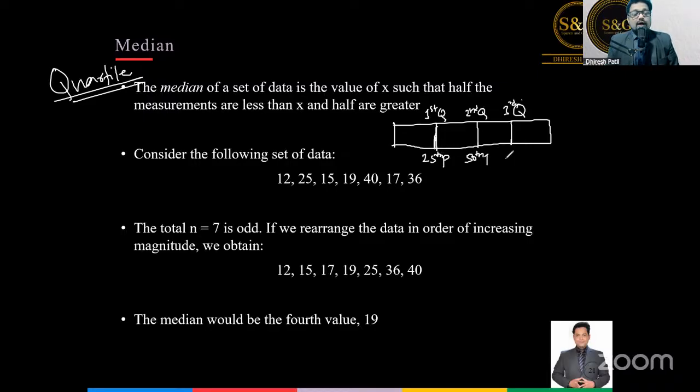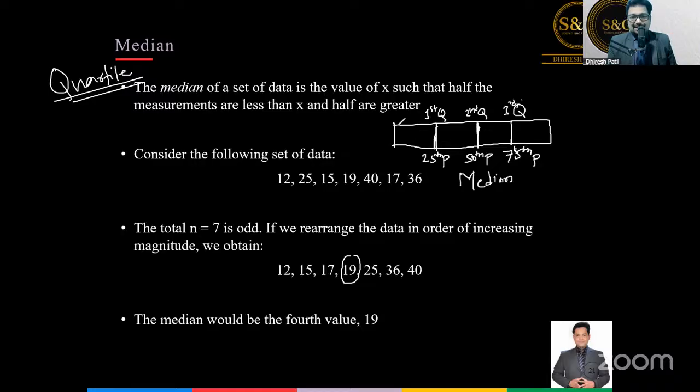Can we say the third quartile is the 75th percentile? Can we call the second quartile, or 50th percentile, the median, which is the central value? Everybody clear? Just give me yes.